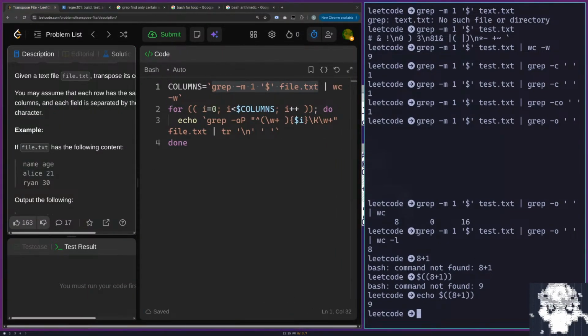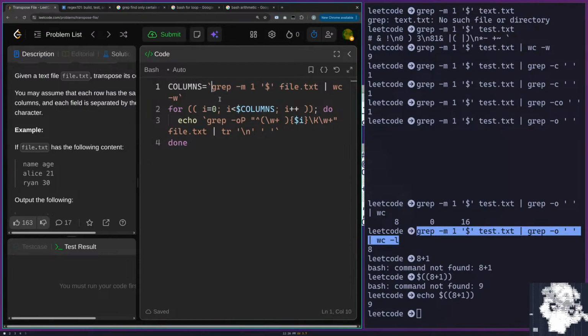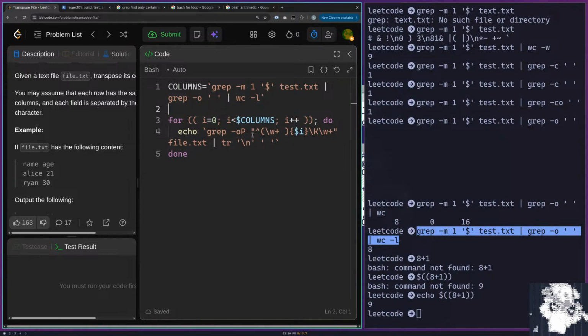thing here could be this. Will give you a number of spaces. And if you want a number of columns, you just say $, columns +1.